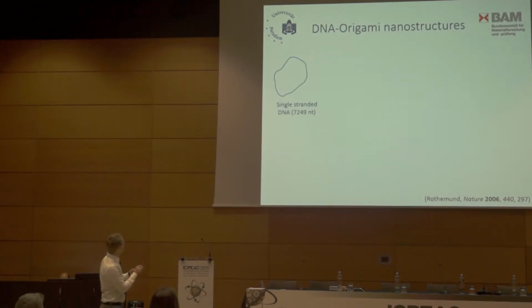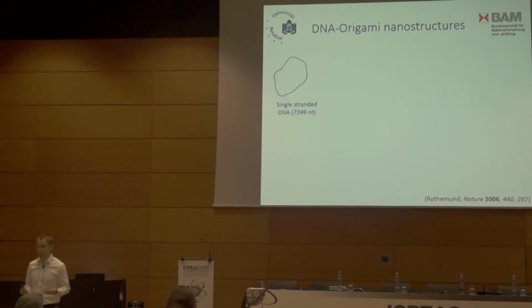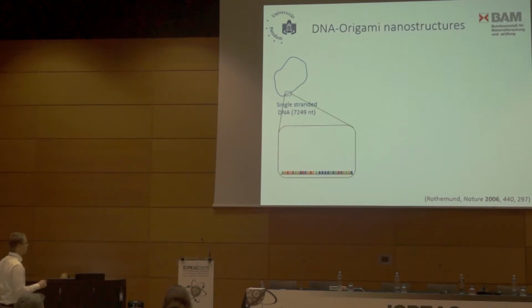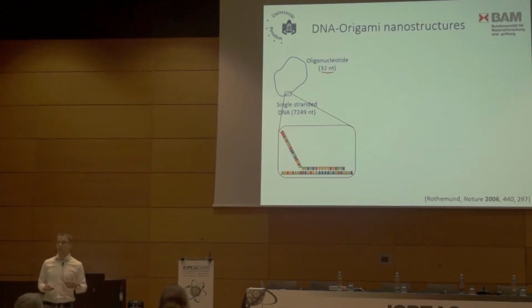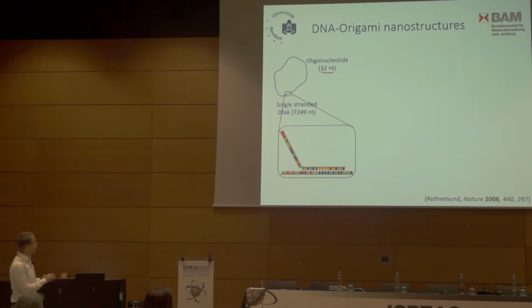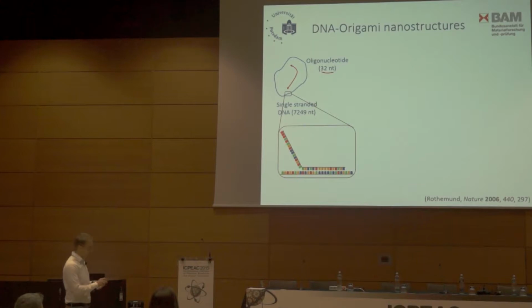So we use a long single-stranded DNA with more than 7,000 nucleotides. The sequence of this strand is well known, and then short artificial oligonucleotides are added, and they are complementary to one part of this scaffold strand, and the other part is complementary to a remote part in this circular strand.